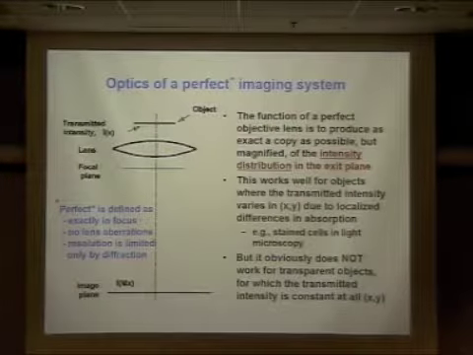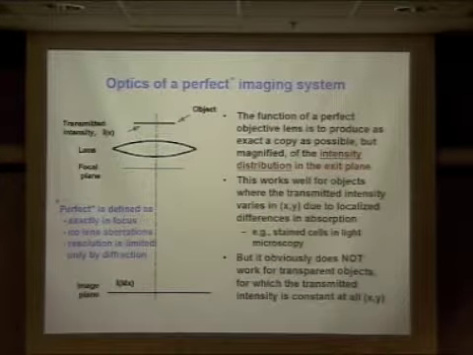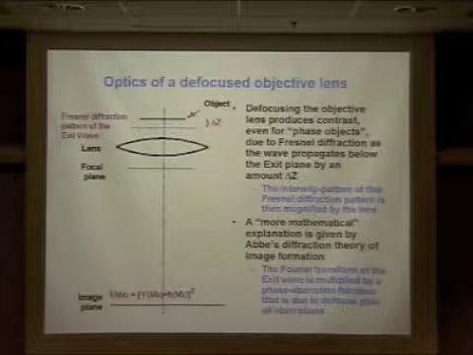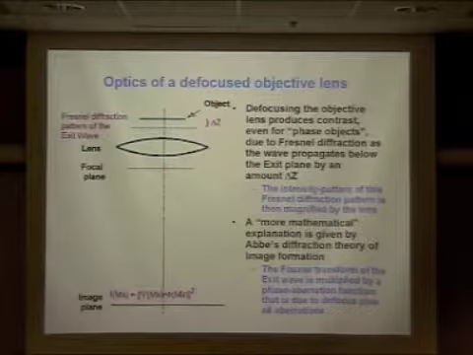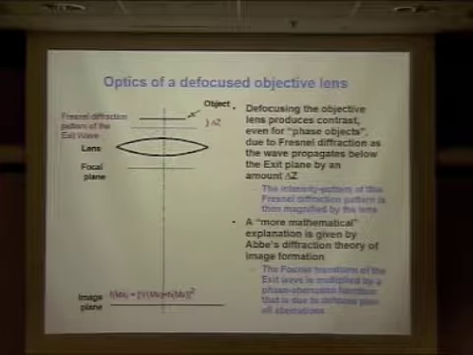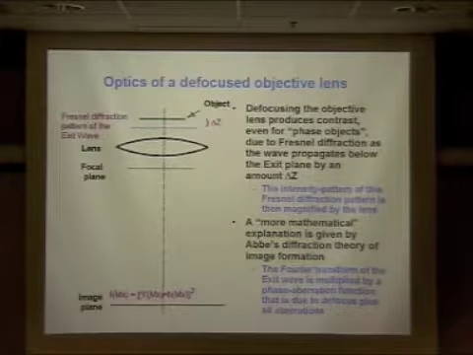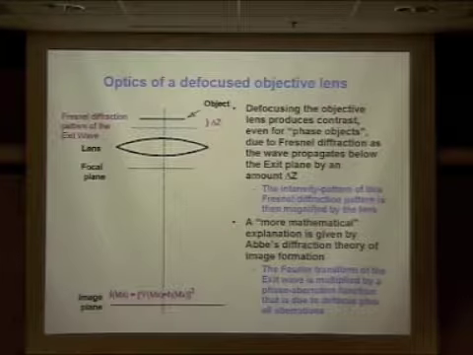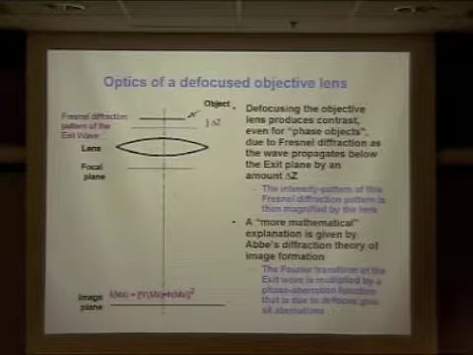And of course, that's what we do in the electron microscope. So, the optics of a defocused objective lens. There's a simple way to think about this and a complicated way. We heard the complicated way this morning.